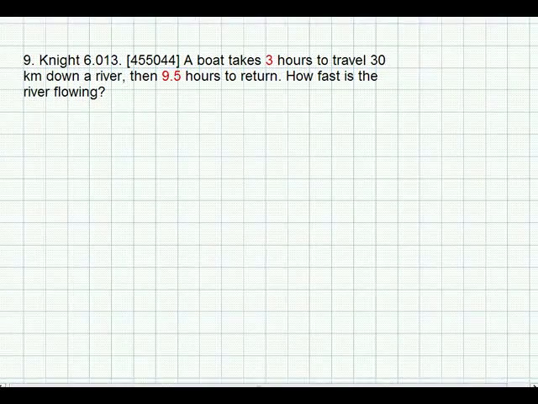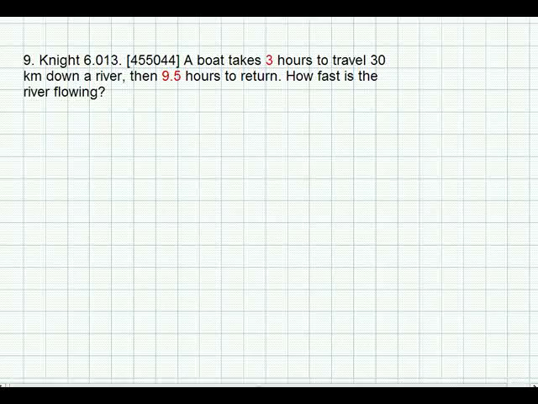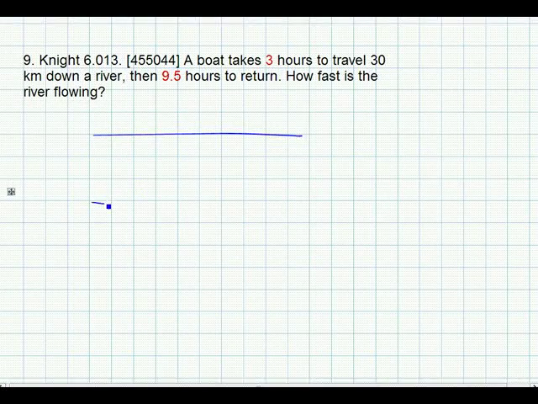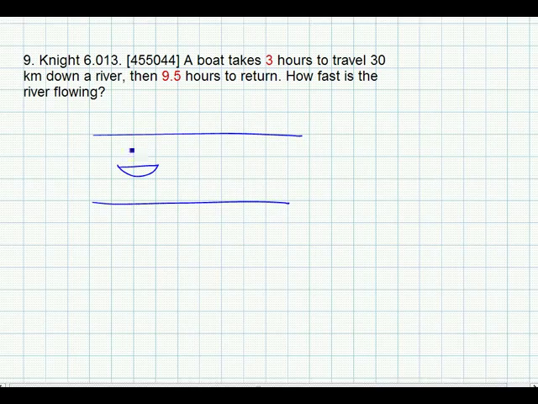The problem states that a boat takes 3 hours to travel 30 kilometers down the river, then 9.5 hours to return. How fast is the river flowing? So we have our river, and here is our boat, and the river, of course, is our moving reference frame.